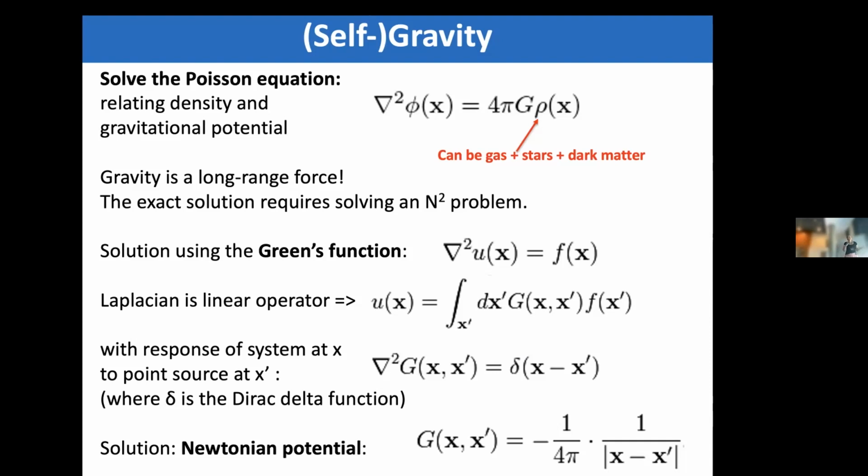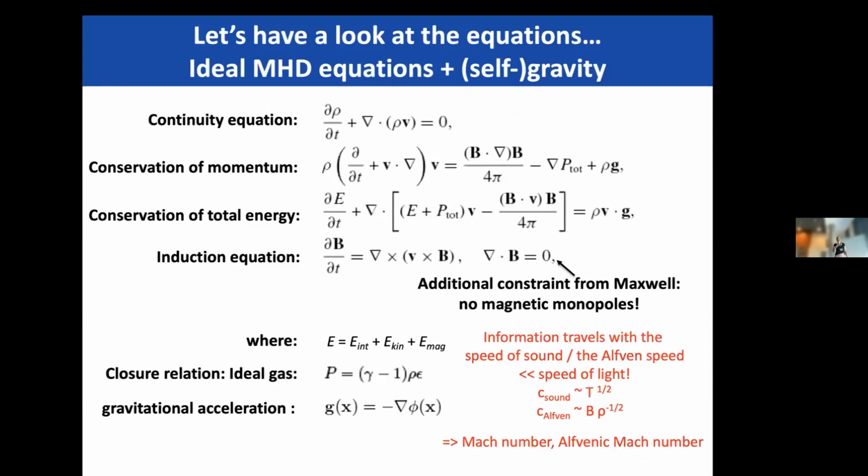Now, the problem is due to this global dependence, basically, once you change the density somewhere, you need to communicate this to everywhere else in your computational domain. And this requires a lot of communication between the different compute nodes. And this communication can easily slow down your code substantially unless you really take care of how you do it. So parallelization is a big issue when it comes to gravity, while it is actually not so much of an issue here.